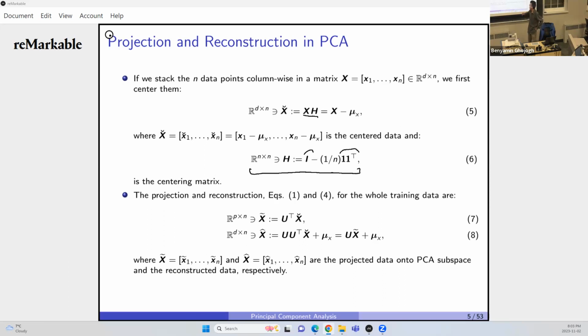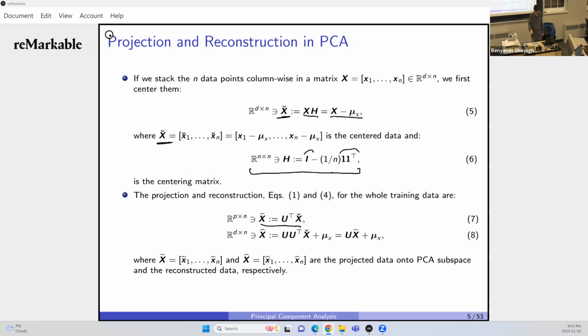As a result, I can say XH, which is equivalent to X minus mu X, and I denote it by X breve. It is still D by N, because X and X breve have the data points stacked column-wise, and every data point is D-dimensional. So X breve is the centered data set.